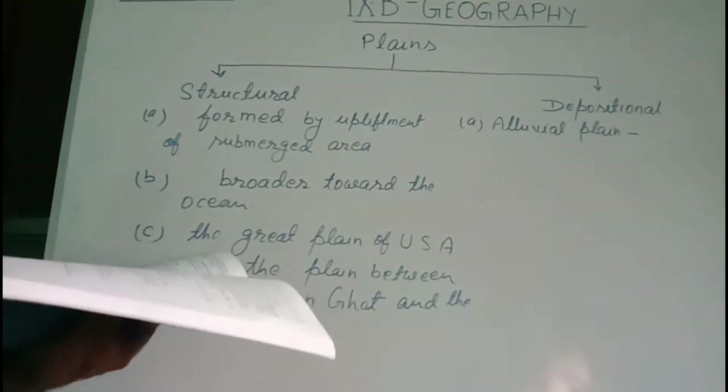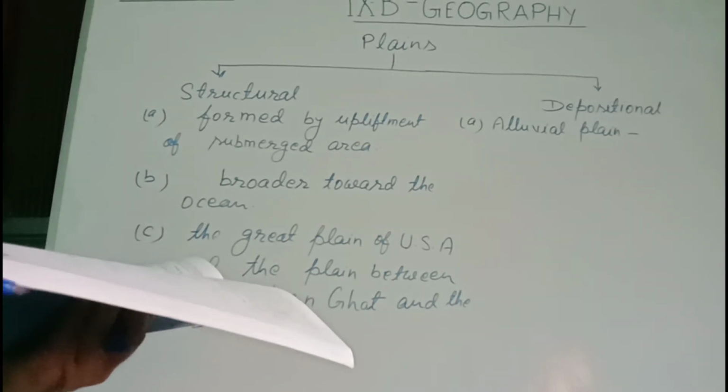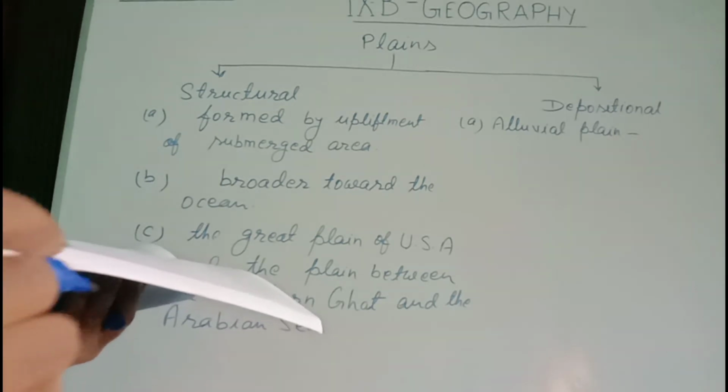So first of all, about alluvial plain. Alluvial is the type of the soil, and this type of soil is formed due to the deposition of sediments brought by the rivers.